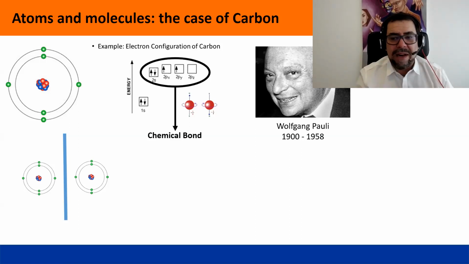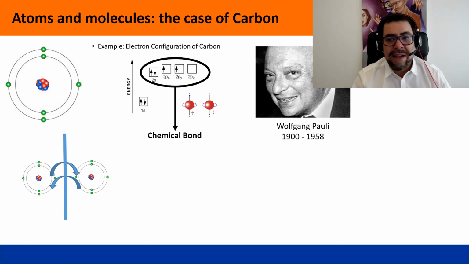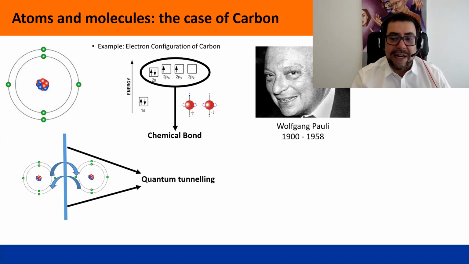But then another quantum mechanical effect comes into play, which is called quantum tunneling. So in quantum mechanics, there is always a probability that the electron can pass through a barrier. Or another way, this is the particle version of it. Another way is to think in terms of wave. It's always possible that the wave function of the electron penetrates over the barrier.